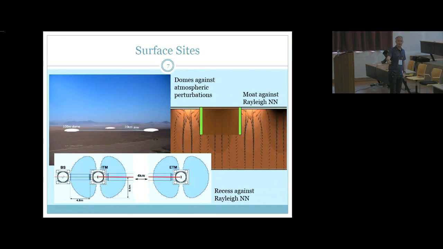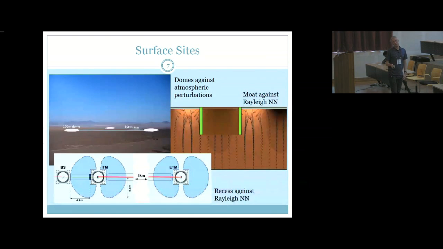Something that would work even in that case is to dig a recess around your test masses. These are huge holes, 5 meters deep, with this horizontal geometry. And the geometry is chosen to maximally suppress Newtonian noise from surface waves.